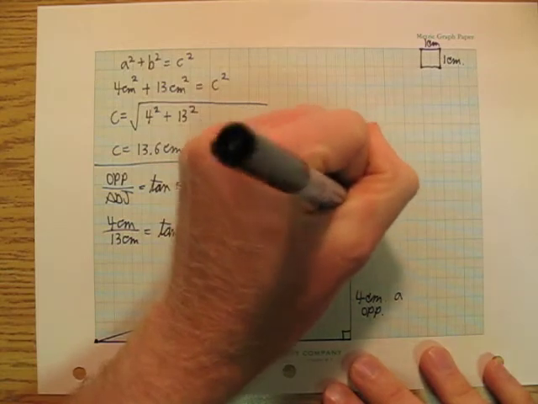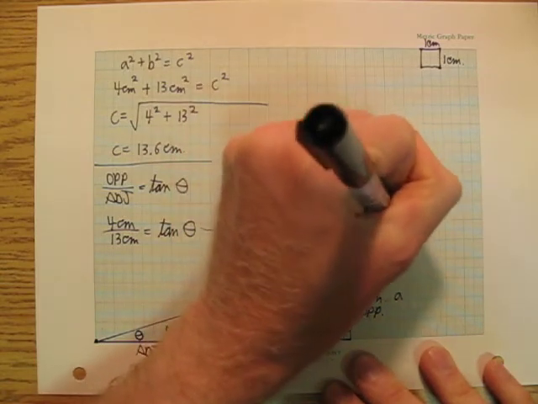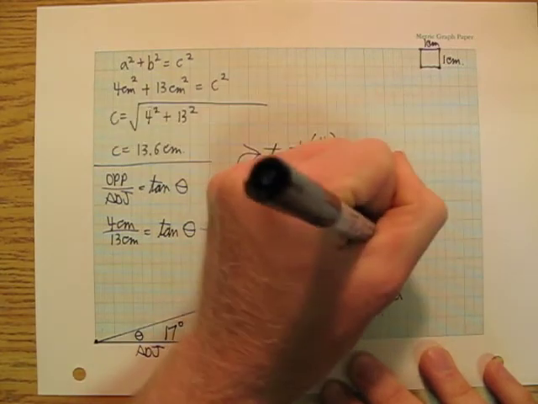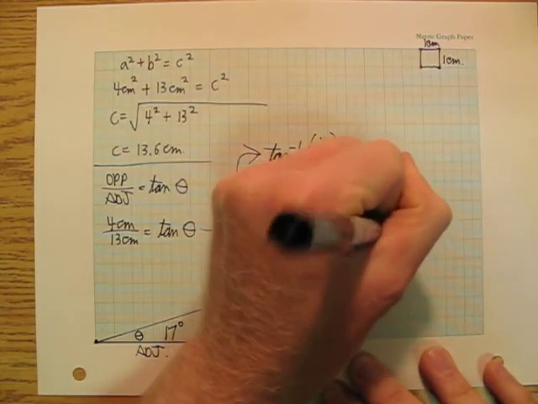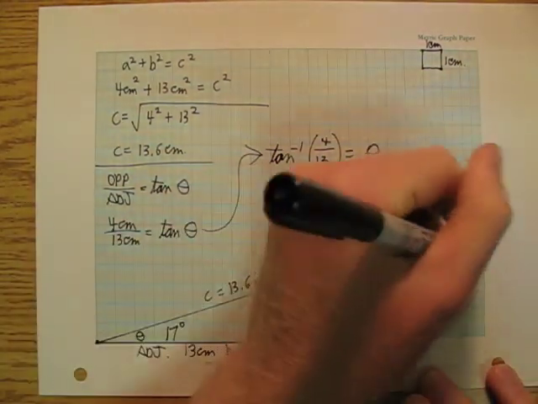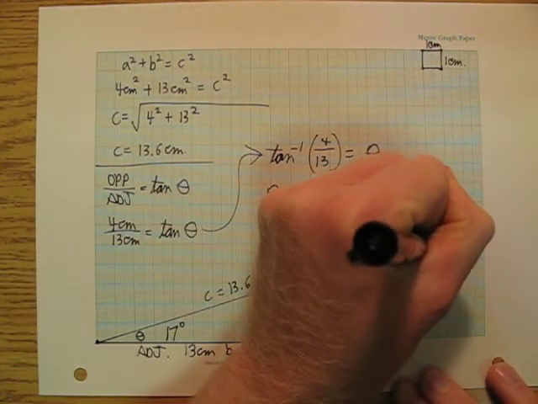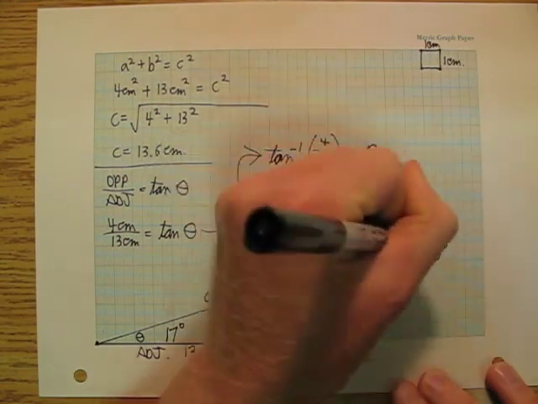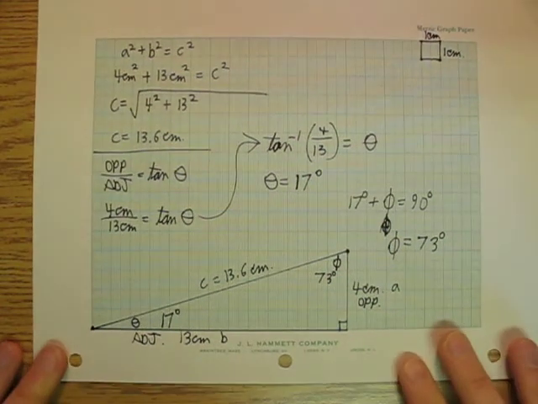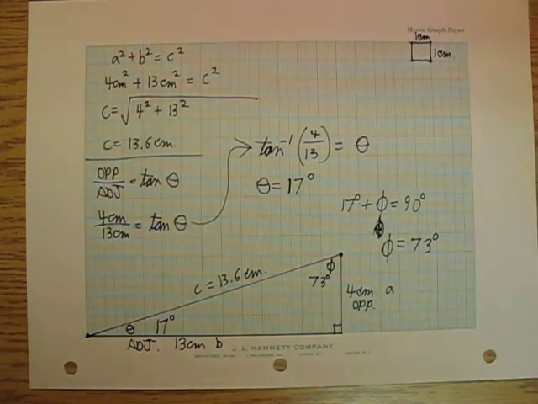So 17 degrees plus phi is equal to 90 degrees. So phi is equal to 90 minus 17, which is going to be 73 degrees. Okay, and so there I have used trigonometry to solve that triangle.